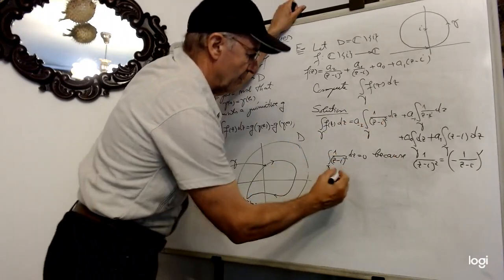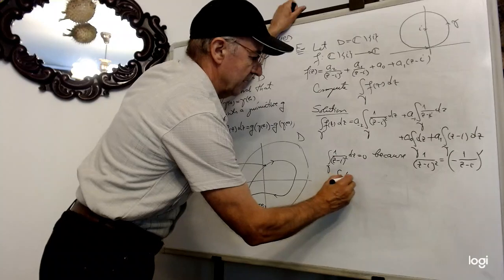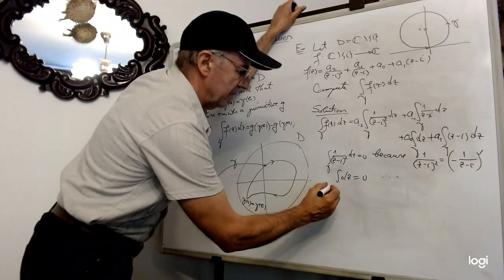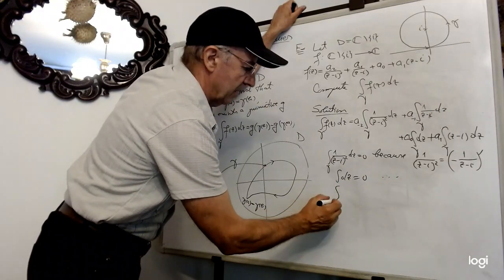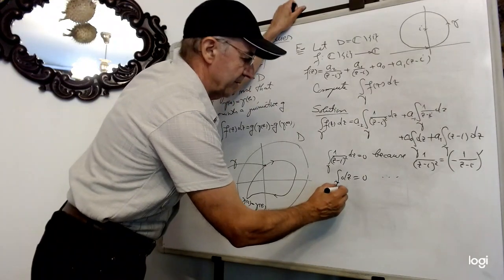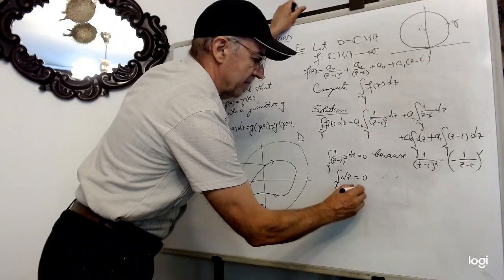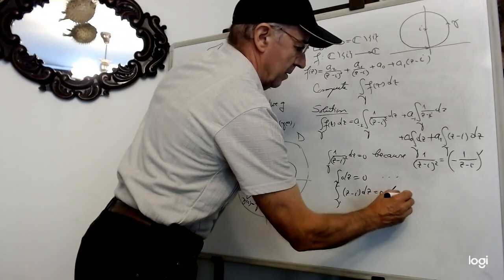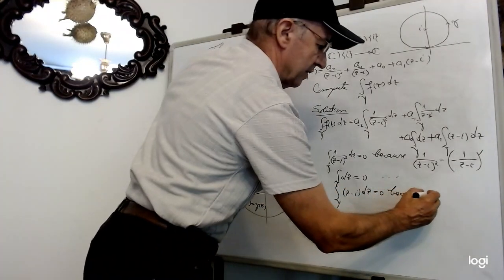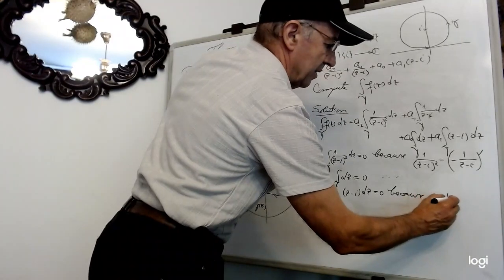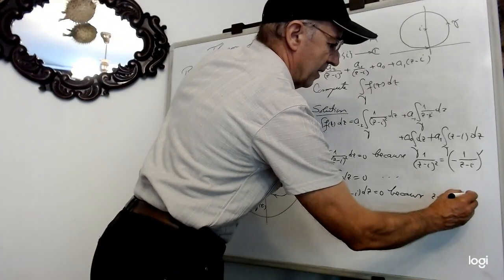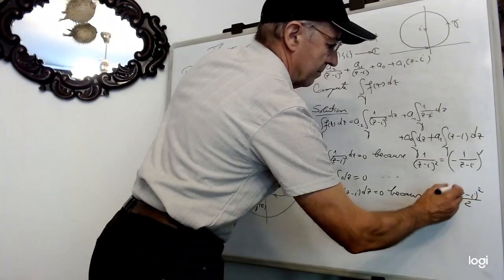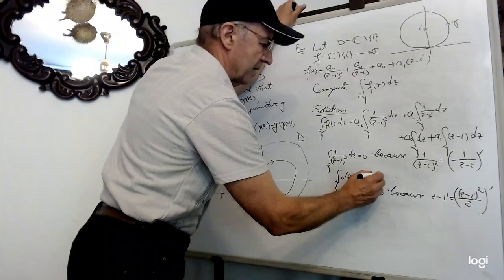In a similar way, the integral of dz is 0, for a similar reason, and the integral along gamma of z minus i dz is also 0, because z minus i is the derivative of z minus i squared over 2.